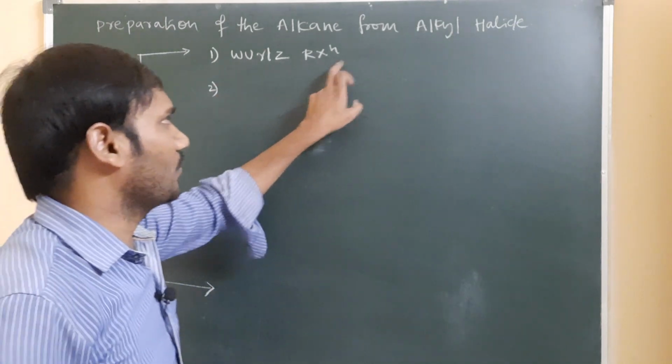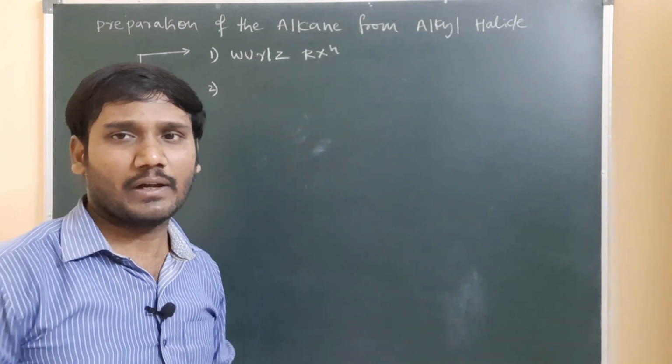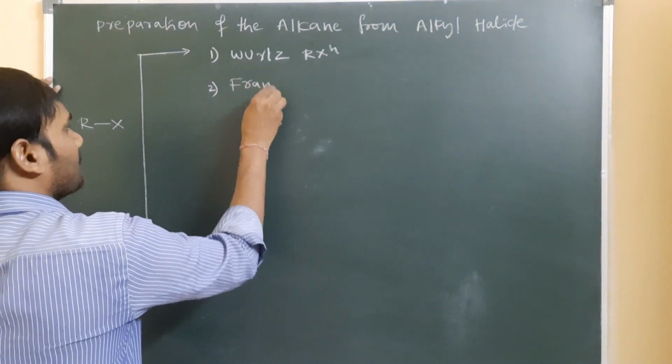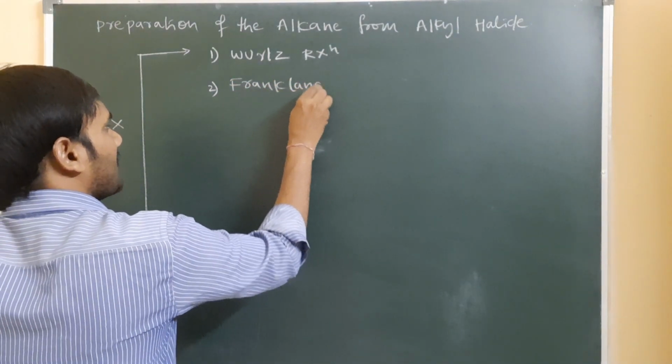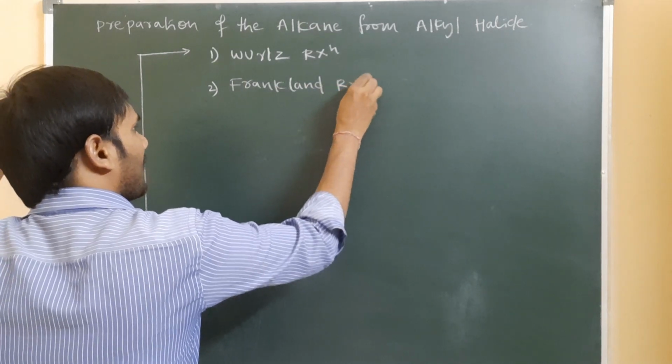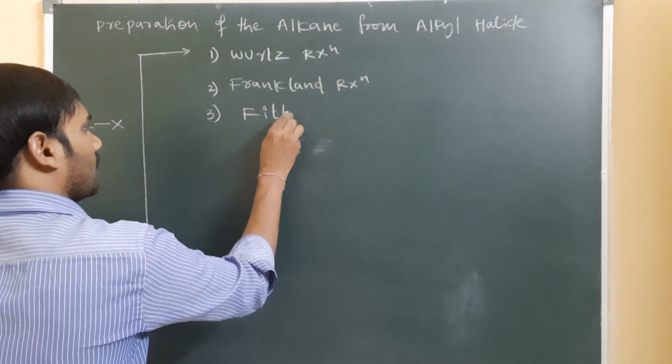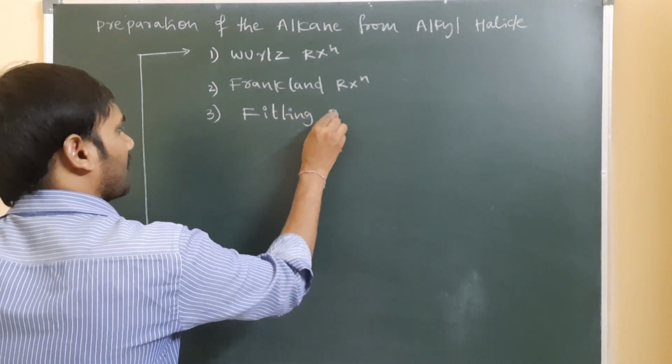From the Wurtz reaction we can prepare the alkanes by using alkyl halide, and the second one is Frankland reaction, and the third one is Fittig reaction.